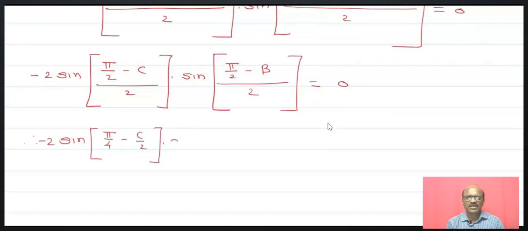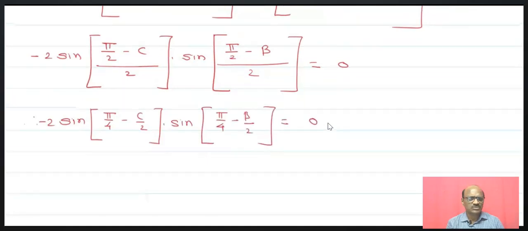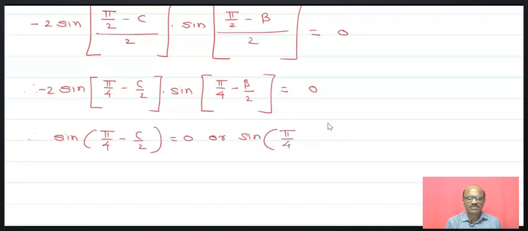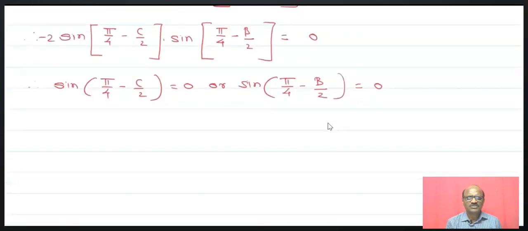That is, sine of (pi by 4 minus c by 2) and sine of (pi by 4 minus b by 2) equals 0. Therefore, sine of (pi by 4 minus c by 2) equals 0 or sine of (pi by 4 minus b by 2) equals 0.